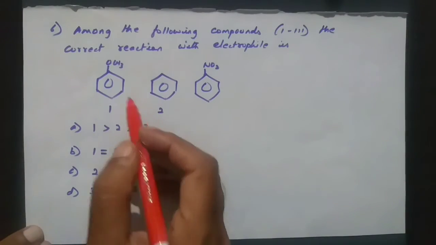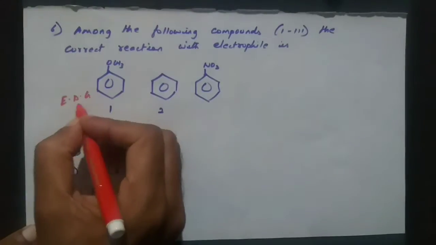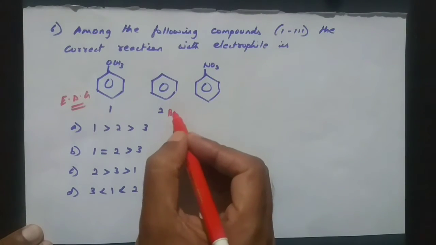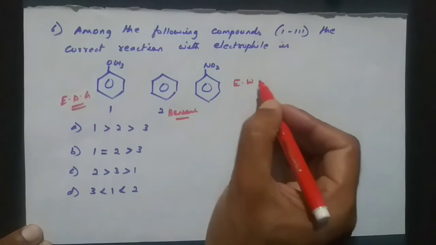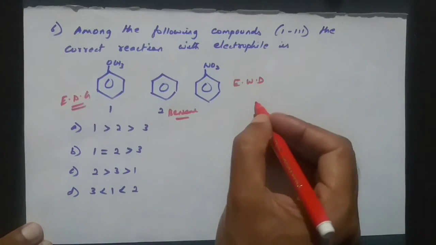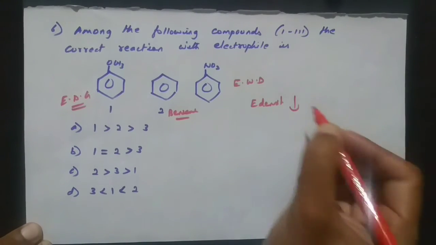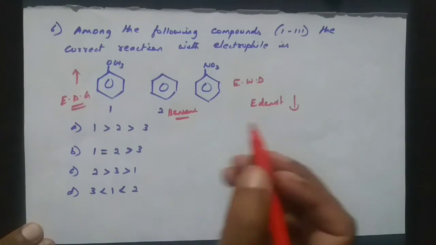In this reaction, we are given OCH3 methoxy group, which is an electron donating group. And here we have benzene, which is neutral. We are taking it as the standard. NO2 is an electron withdrawing group. In an electron withdrawing group, electron density decreases; in a donating group, electron density will increase.